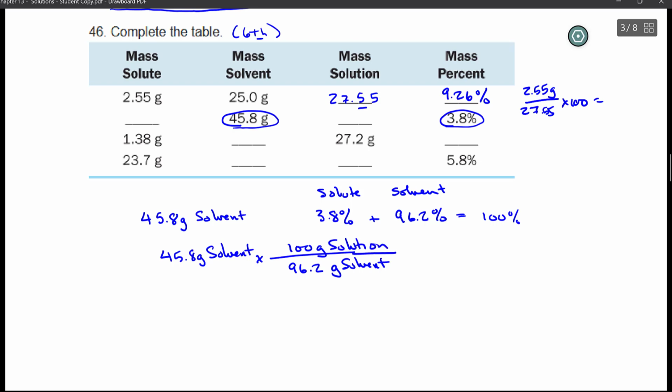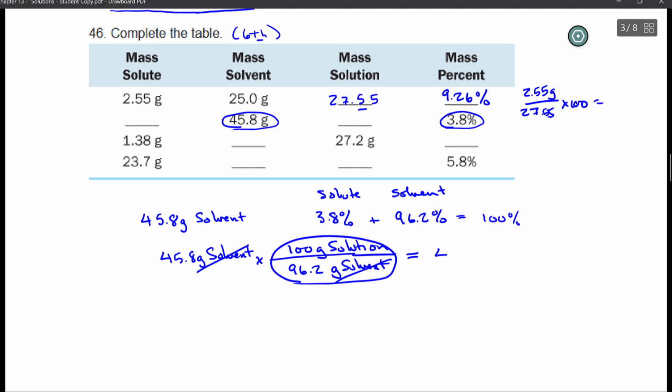Because when we say percent, it's the mass of the solute for the mass of the solution, but we can also convert that and talk about the mass of the solvent per mass of the solution. Now I use the definition of percent here, and the grams of solvent will cancel out. What I get is 47.609. Now I have 3 sig figs, so I'll just underline that. That's grams of solution.